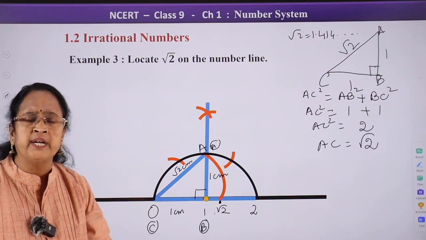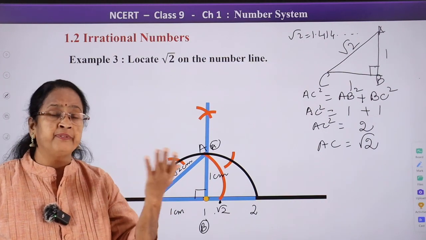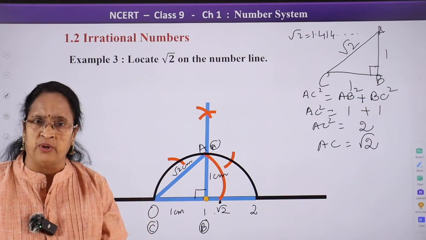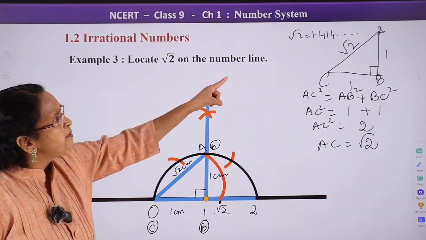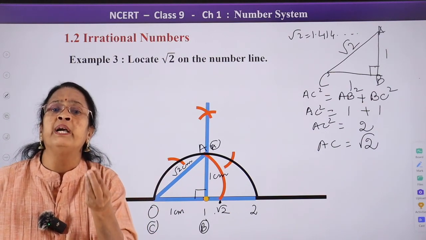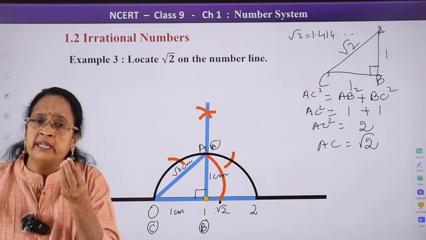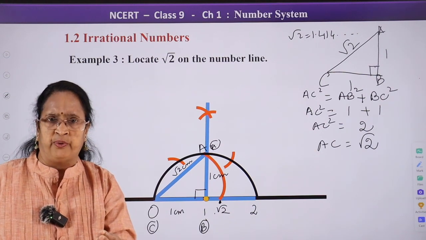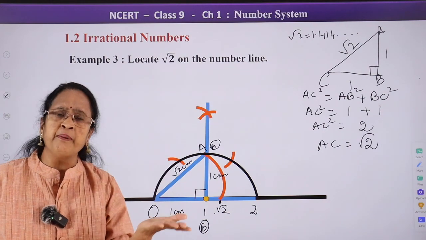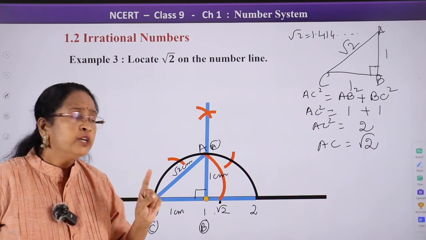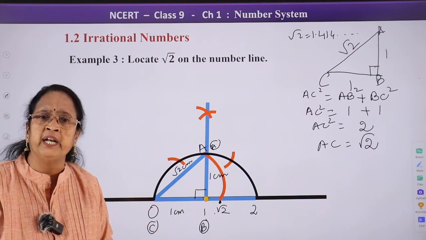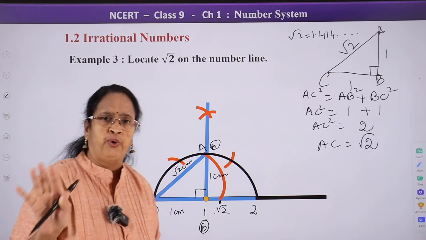Now, if you have doubt whether root 2 is accurately located on the number line or not: I said 1.4, so it will definitely be near 1.4. You can easily measure from 0 to here, and it will show 1.4.